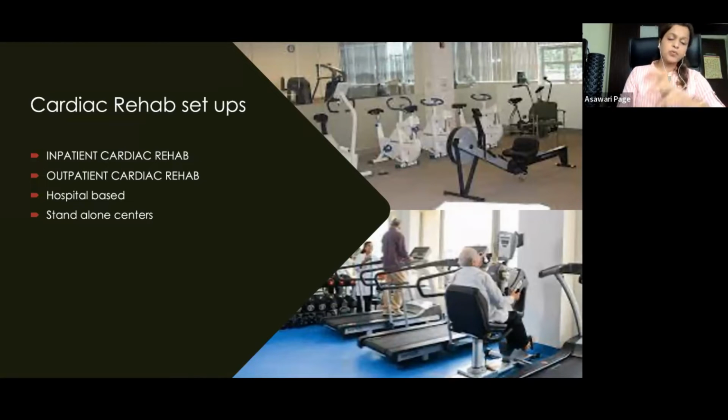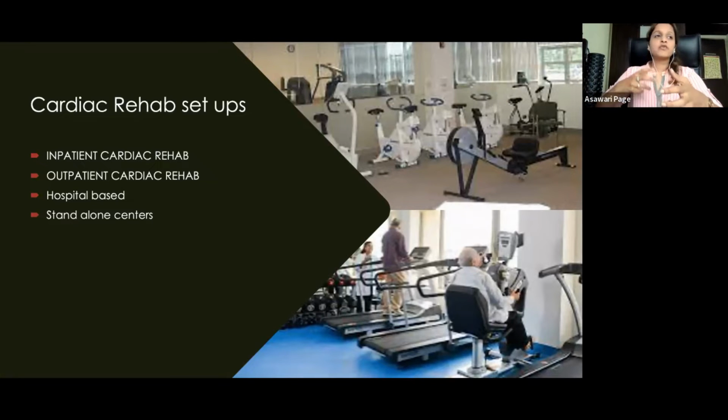Of course, there are two broad categories, I would say. The first one is majorly hospital based, as most of the cardiac rehab setups are, because we need a kind of emergency setup for it. You really need to have an emergency team with emergency facilities like a crash cart, a defibrillator, suction, and monitoring devices, everything ready and handy if anything happens.